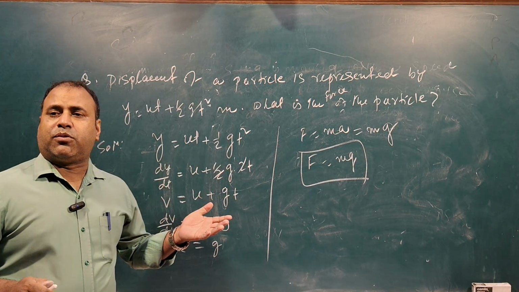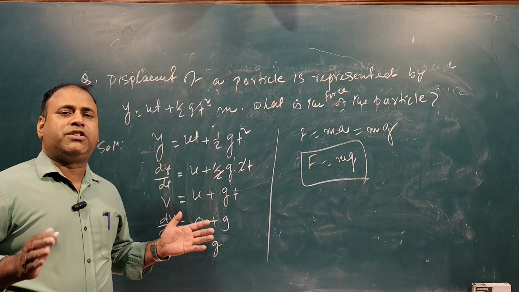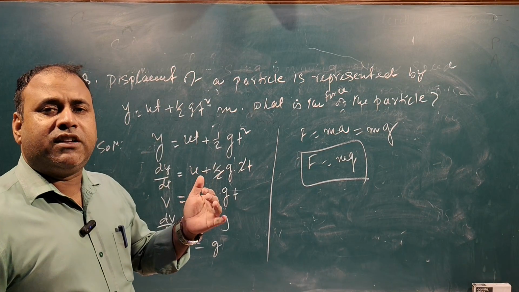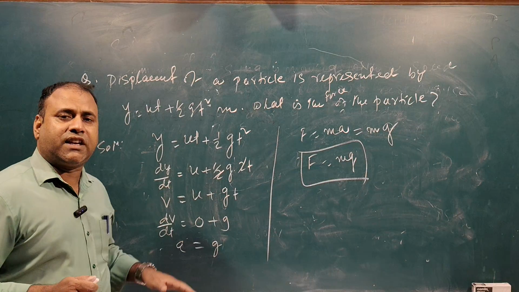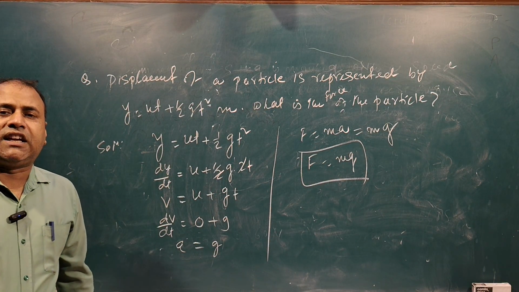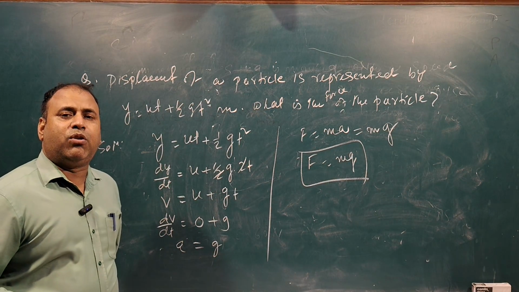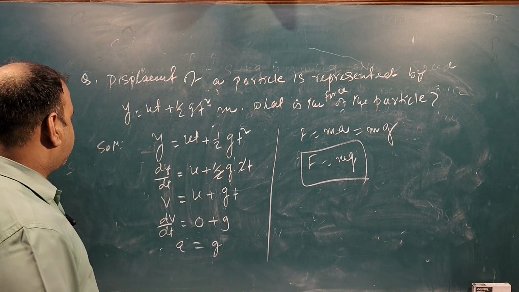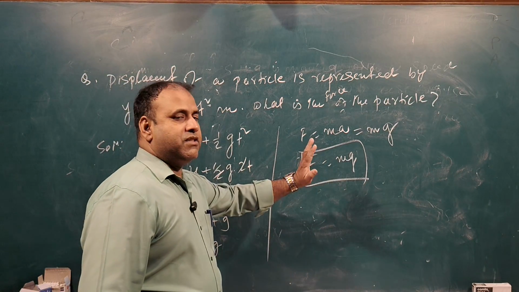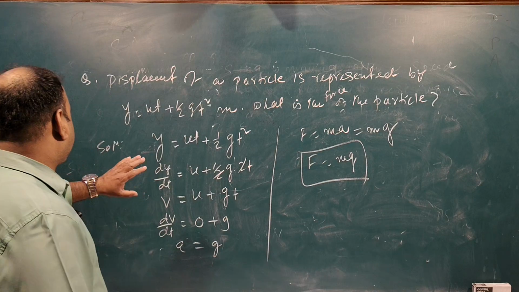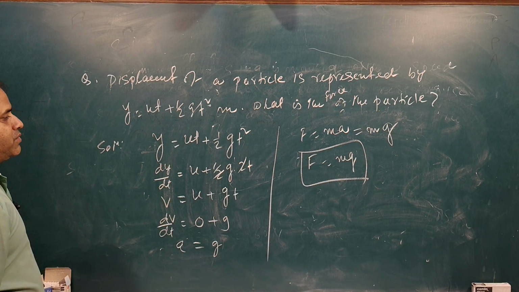To calculate the acceleration, you must know differentiation. You have to calculate the first differentiation and then the second differentiation. After doing the second differentiation, you can easily calculate the value of force. So this is the idea, F = mg. In this way we can easily calculate the force.